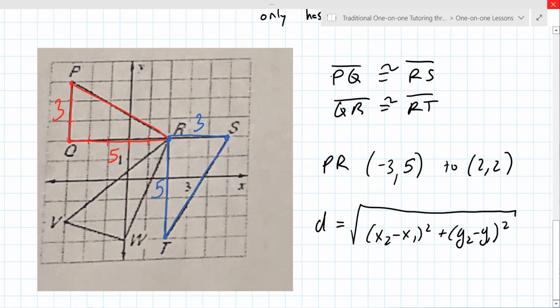All right, so let me just do that now. I'm going to write these things. D equals... So you have x1 and y1, x2 and y2. Let me write those down.